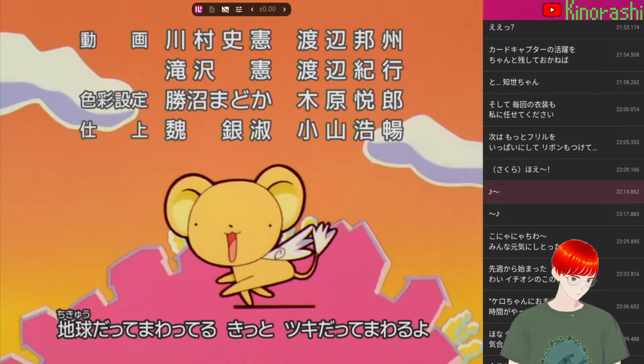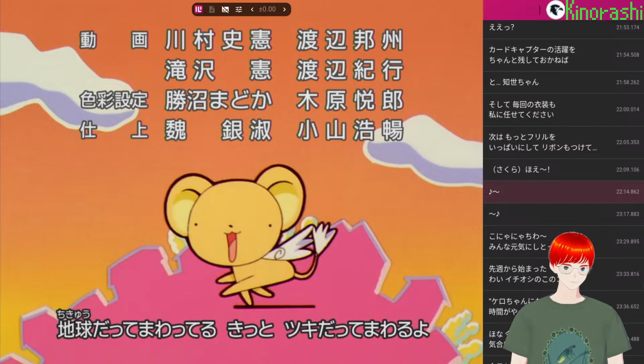From ancient times. Chikyuu datte. Oh. Isn't it something about the Earth? Chikyuu datte. Yeah, chikyuu, the Earth, the globe. Referring to the Earth as the globe.